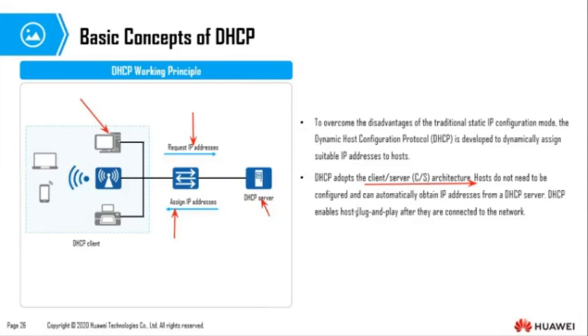So DHCP enables what we call plug and play. So people just come to your network, they connect, and they don't have to configure anything. They can start using your network or access the internet via your network.